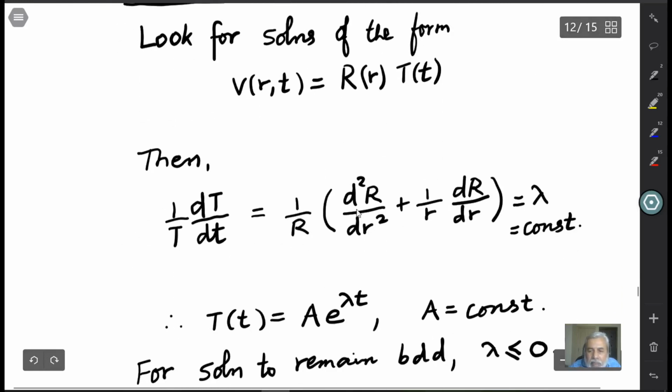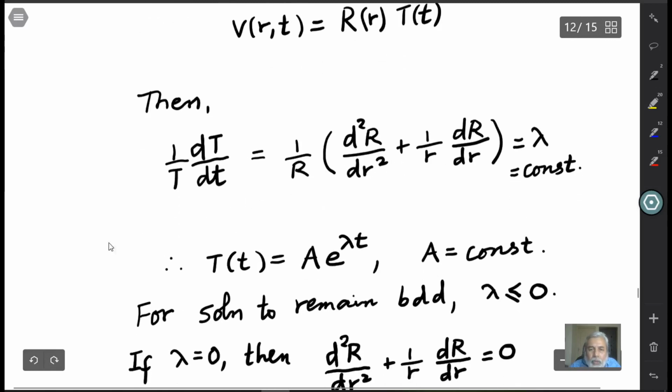So we get this equation: T'/T equal to 1/R (R'' plus 1/r R'), and the right hand side is only a function of small r and the left hand side is a function of small t only. So this must be a constant.